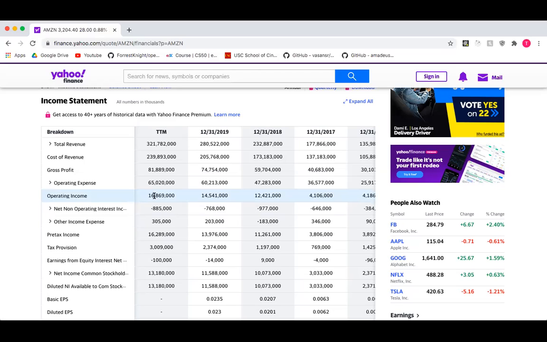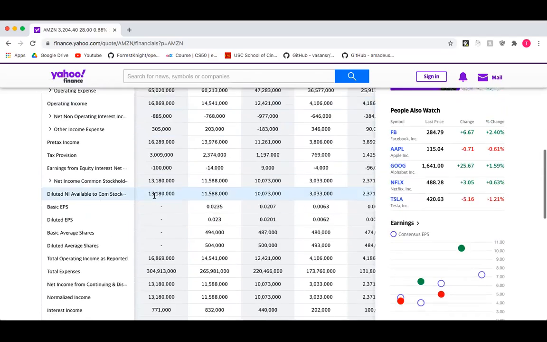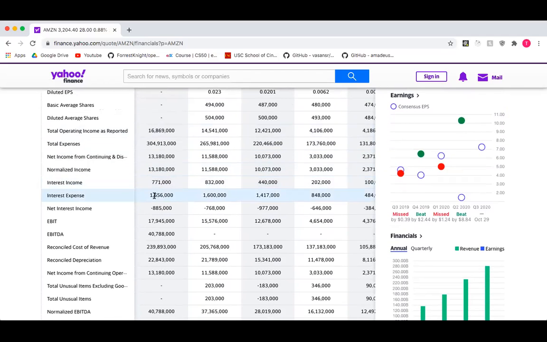So it's just our operating income because it comes before those external costs. And then depreciation and amortization, if you aren't familiar with those terms, don't worry, I'll give a quick explanation of those. But it's just an accounting method.